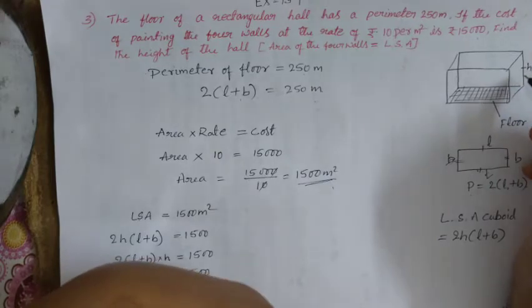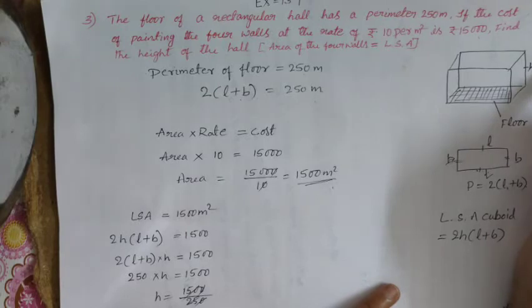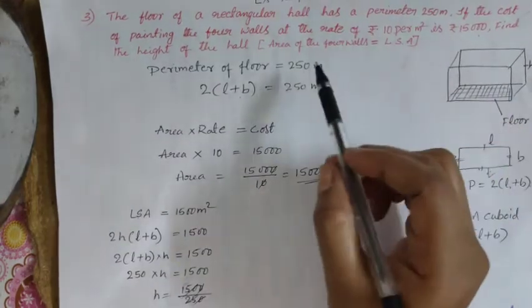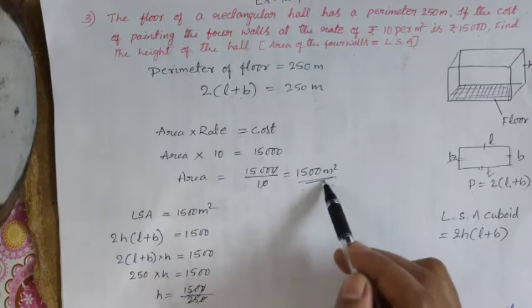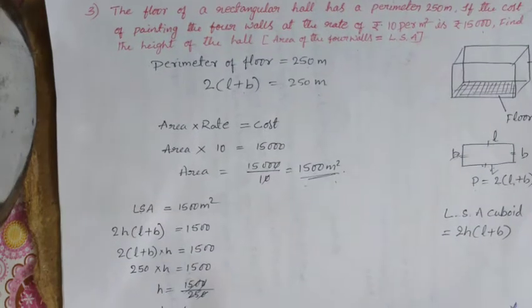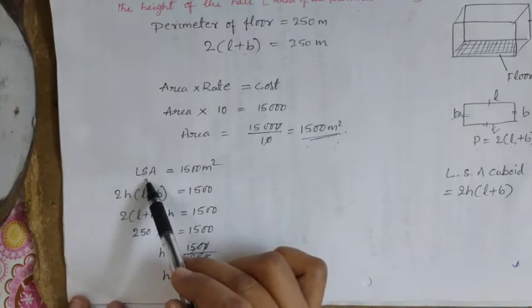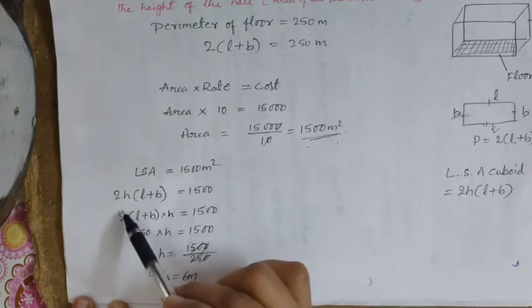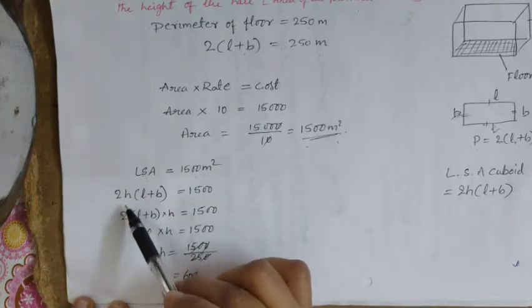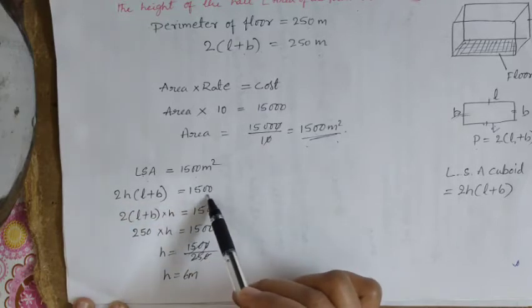So now I want to find the height of this wall. The four walls area is 1500 meter square. Once again I repeat, the four walls are nothing but the lateral surface area, that is 1500 meter square, and the lateral surface area formula is 2h into (L plus B), that is 1500.